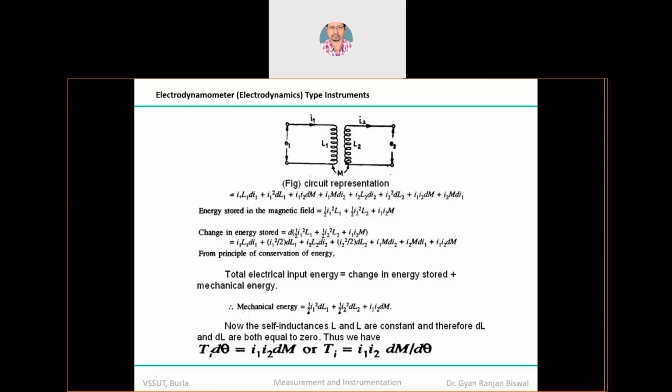In other words, the torque is I1 I2 into dM by d theta. If the current is exactly the same, Ti is equal to I square dM by d theta. So the torque experienced by the pointer is proportional to the square of the root mean square current, which is why it can measure the true RMS value of the current.